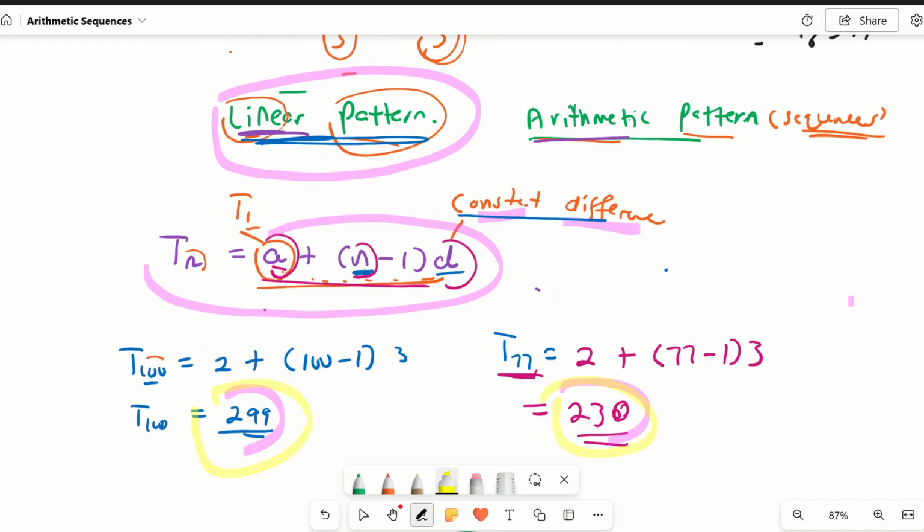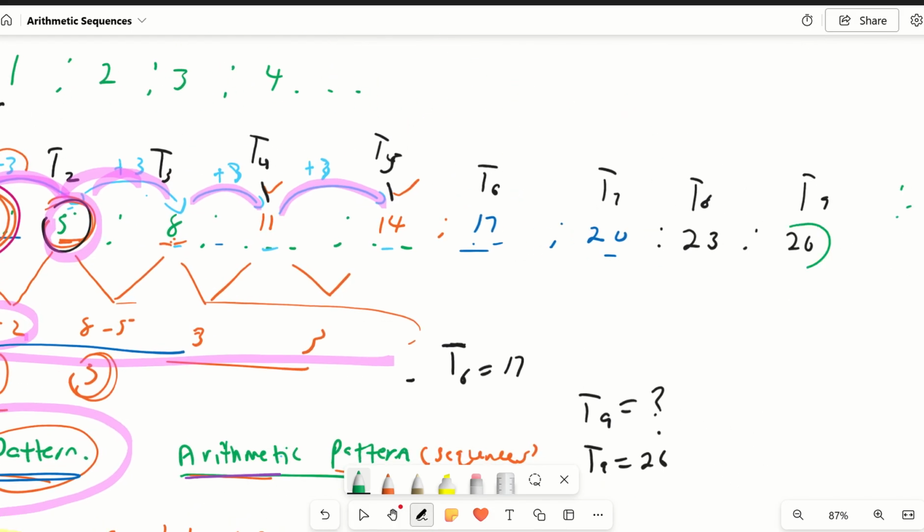Okay, so do you know that this is the formula for a linear pattern? You understand that A means the first term and D means the constant difference. So I asked the class to find T100. Before that, I asked for T9, and you just added 3 all over until you got to T9, which was very easy.